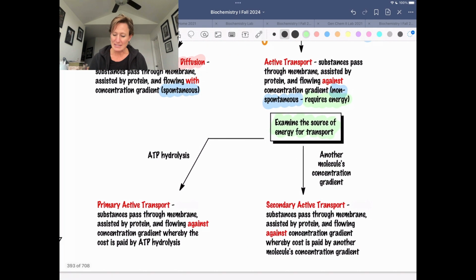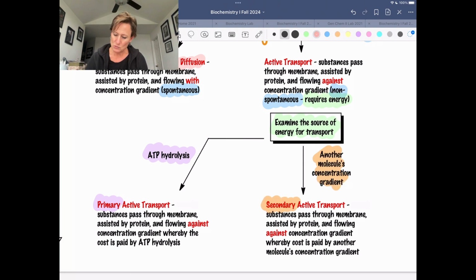There's two places you can get that energy, and that's how we delineate primary versus secondary active transport. If you have ATP hydrolysis as the source of your energy, that means it's primary active transport. If it is another molecule's gradient, that is going to be secondary active transport.